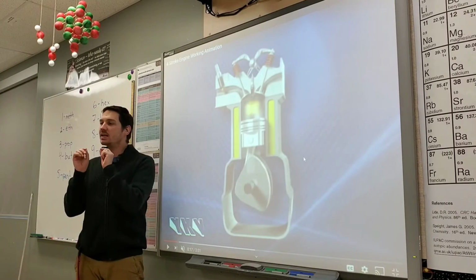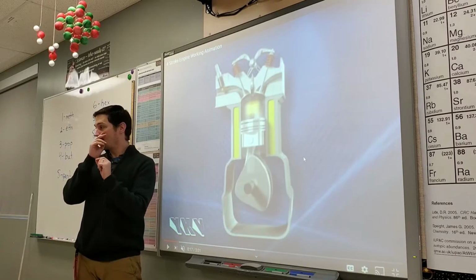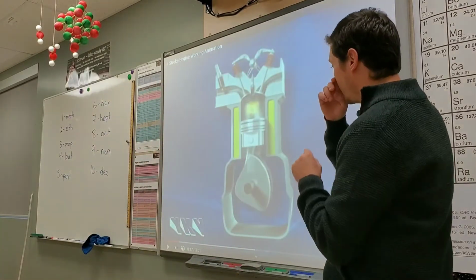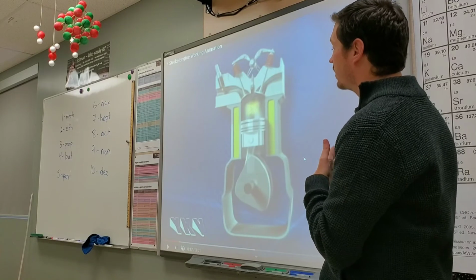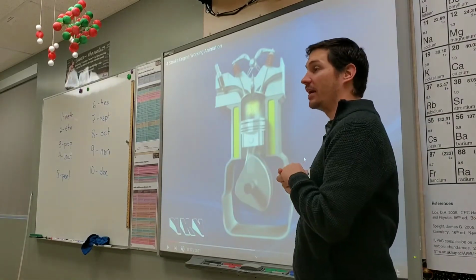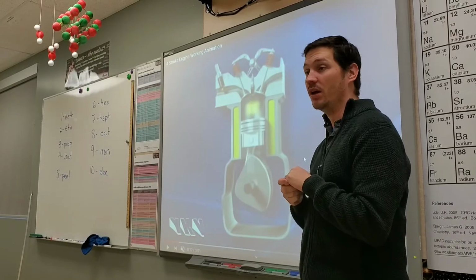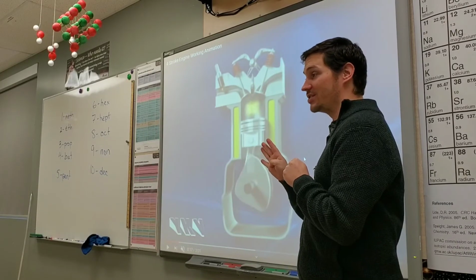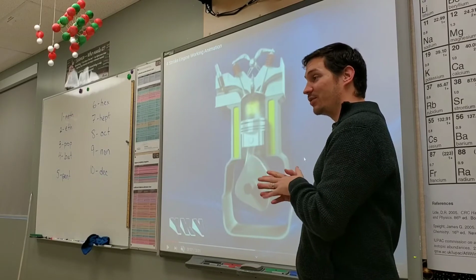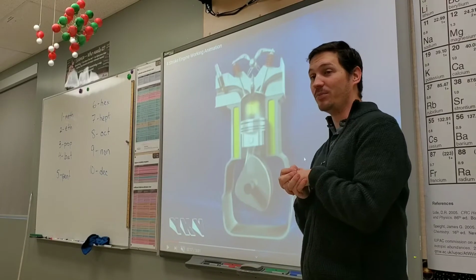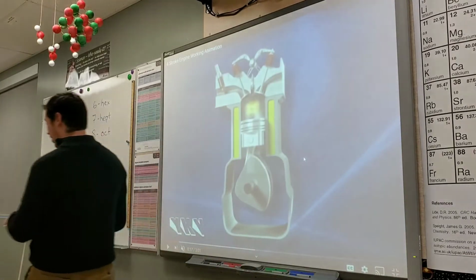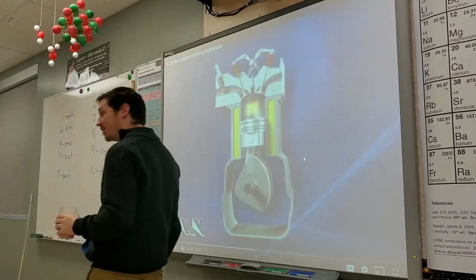You have a mini controlled explosion inside every single cylinder of your engine. For example, I drive a very not powerful 4-cylinder engine. It's the most base model Honda Civic you could possibly imagine. It's a 1.7 liter single overhead cam engine, about 102 horsepower, so it's pretty powerful.